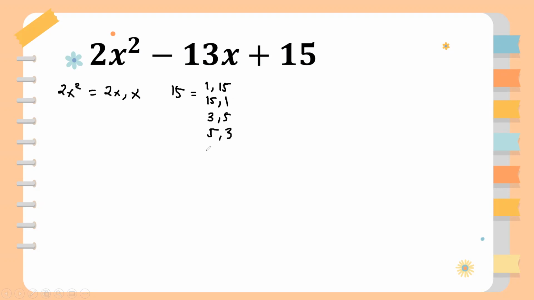So, pwede din namang negative, 1 times negative 15 para maging positive. We have negative 15 times negative 1, negative 3 times negative 5, and negative 5 times negative 3. Right?